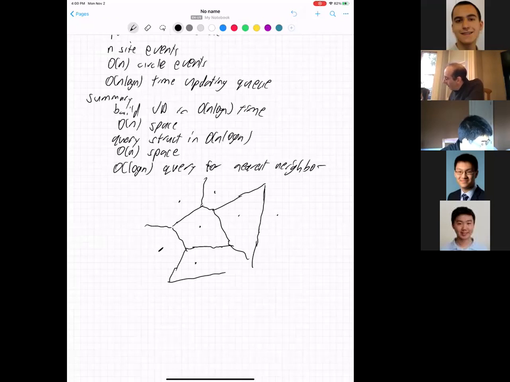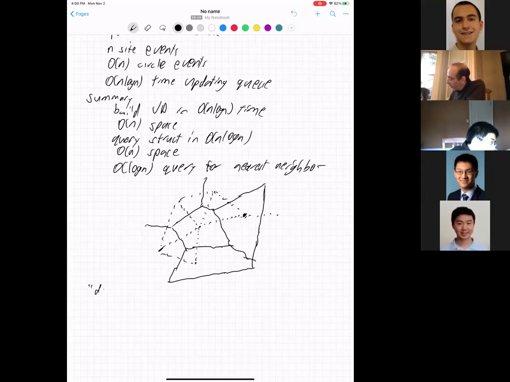Imagine if I take the Voronoi diagram and I just draw a line between each pair of points that is separated by a boundary. So if you think about it, this is actually going to create another graph, right?